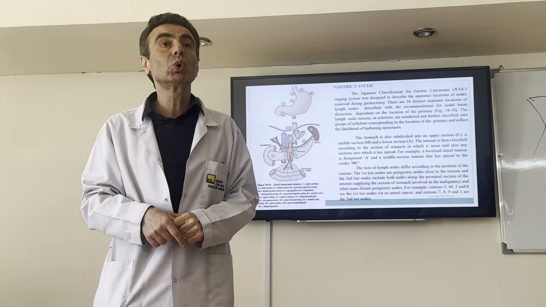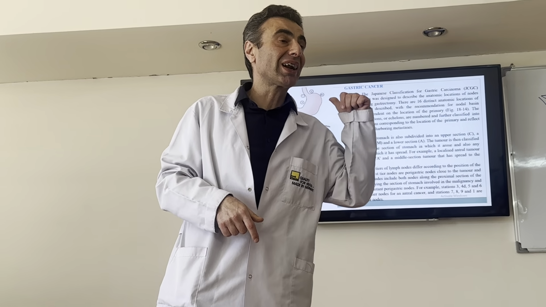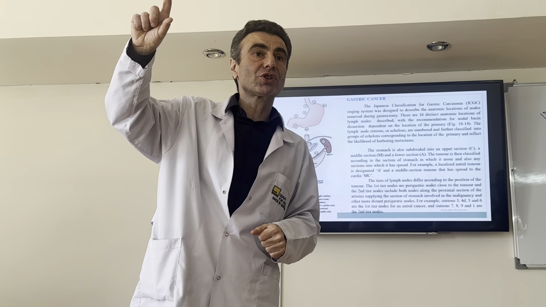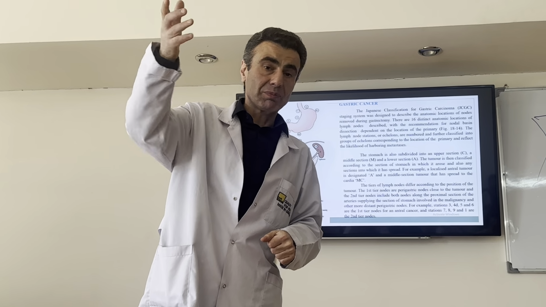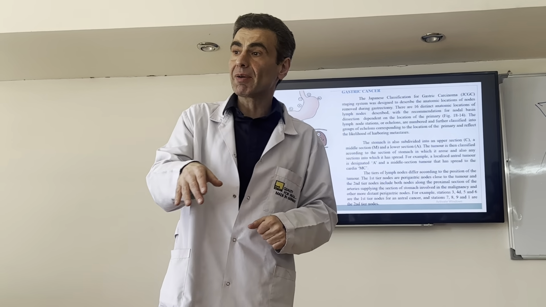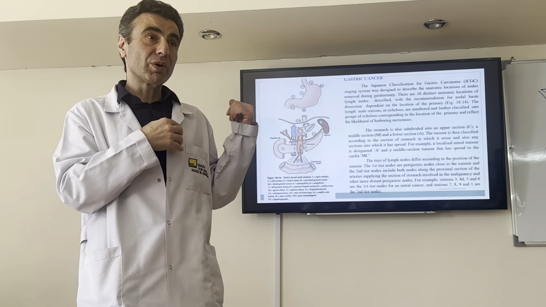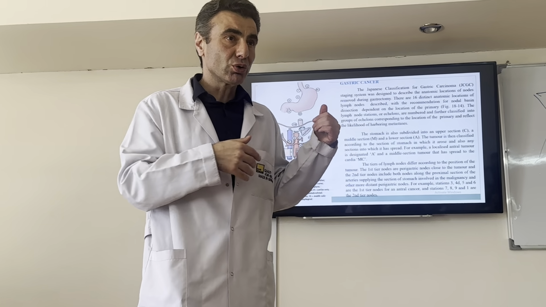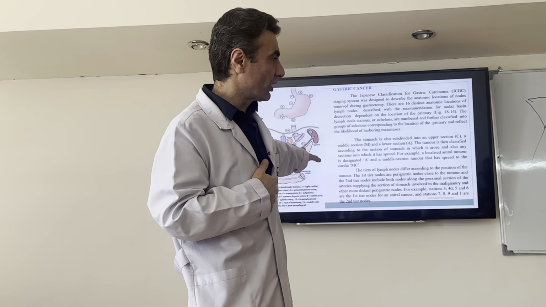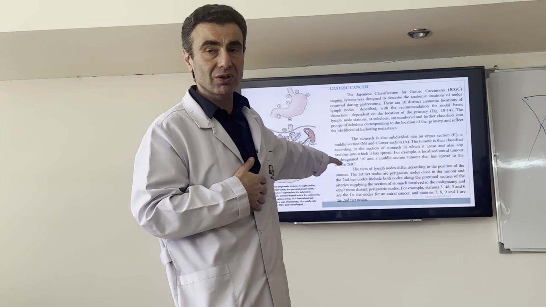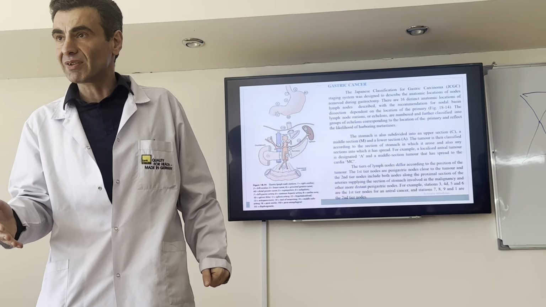They belong to the thorax: the diaphragmatic, and the upper and lower portions of the esophagus before passing through the esophageal aperture. That's why we put another numbering for them, to show that they are not connected with the 16 main regional lymphatic nodes included in this classification.